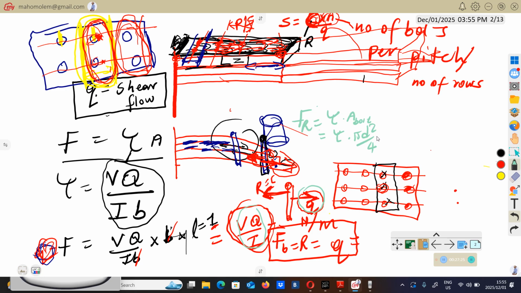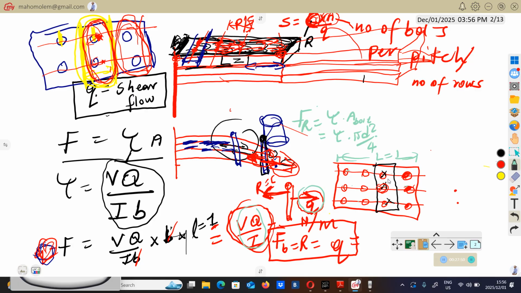Now, if you have more than one bolt, like here we have more than one bolt. We have for 1 meter length, let's say from here to the 1 meter, you can see that we're going to have more bolts. So now let's check here. We have 1, 2, 3, 4, 5, 6, 7, 8, 9, 10, 11, 12.